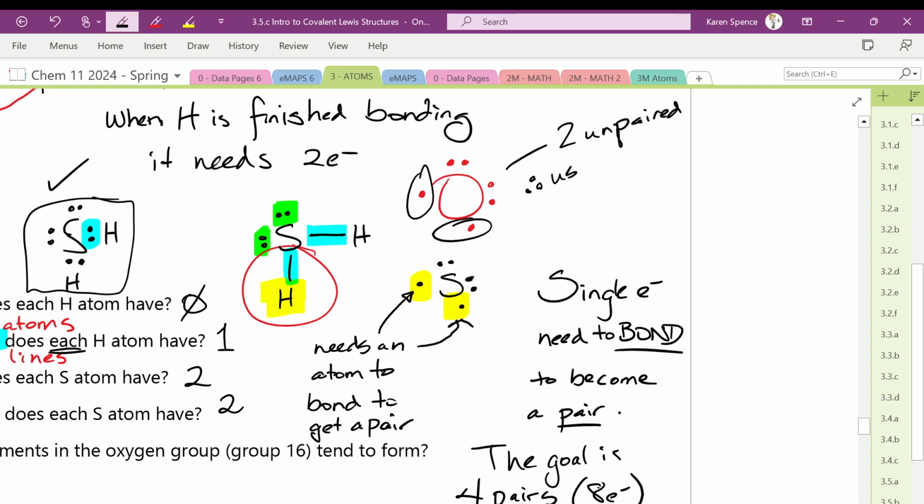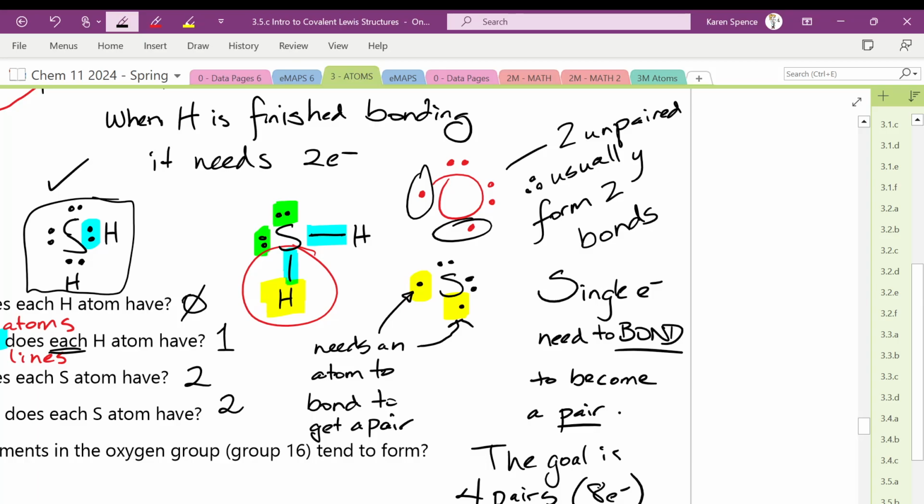Therefore, it will usually form how many bonds? 2 bonds. Does that make sense? Because anytime you have an unpaired electron, it needs to form a bond. So if you have 2 unpaired electrons, you'll need to form 2 bonds. If you have 3 unpaired electrons, you will need to form 3 bonds. If you have 1 unpaired electron, you will need to form 1 bond.